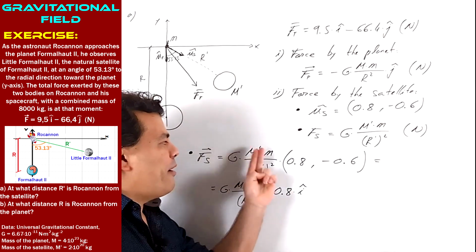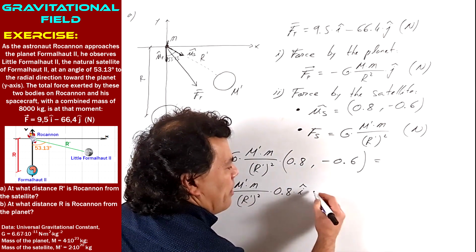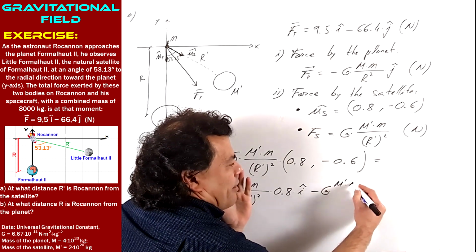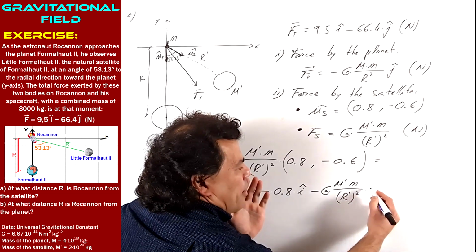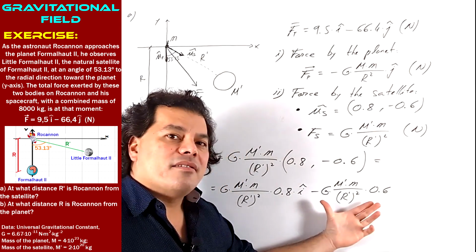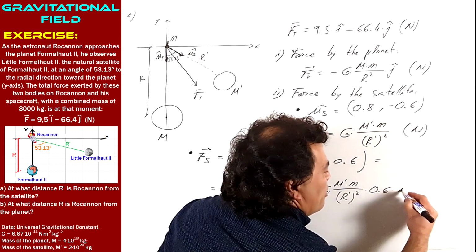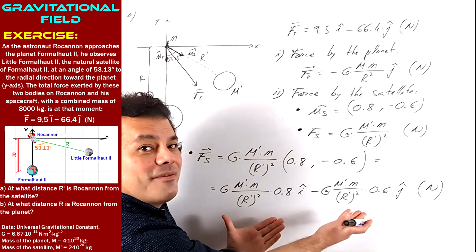And now we are multiplying the magnitude by negative 0.6, negative G M prime M divided by R prime squared, multiplied by 0.6. And as this is the second coordinate, the vertical coordinate, the unit vector will be j. And of course, in newtons.